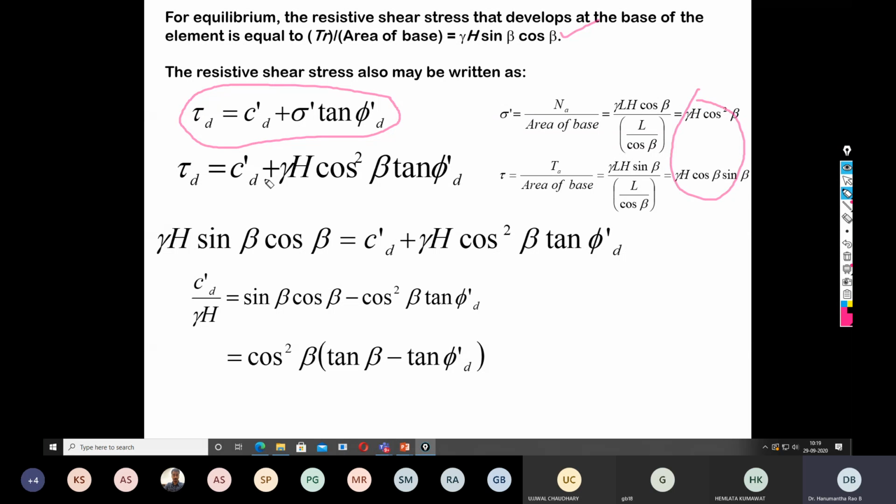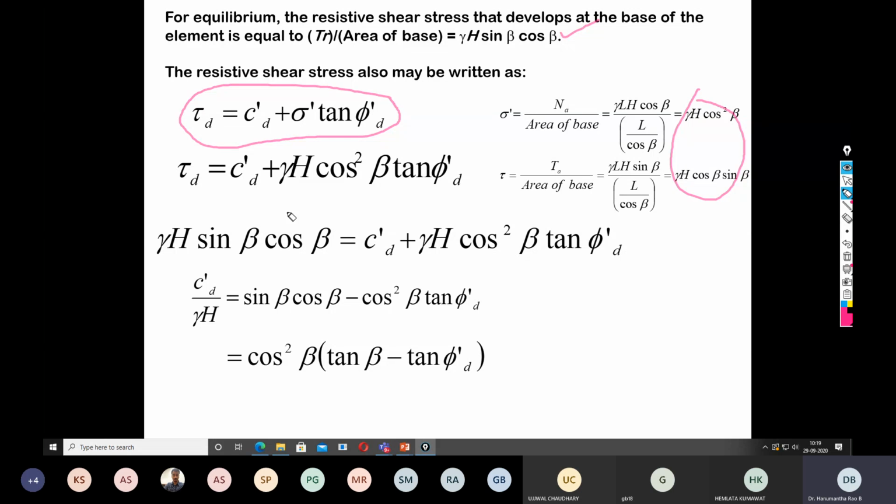So tau d is equal to C dash plus sigma dash, where sigma dash is gamma h cos square beta, multiplied by tan phi dash. But tau d is calculated as gamma h cos beta sin beta cos beta. So C dash is C dash d and gamma beta tan phi dash.